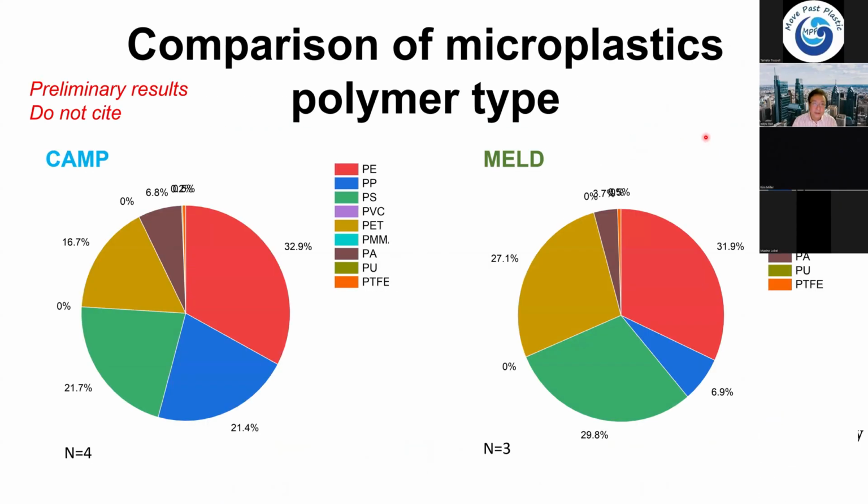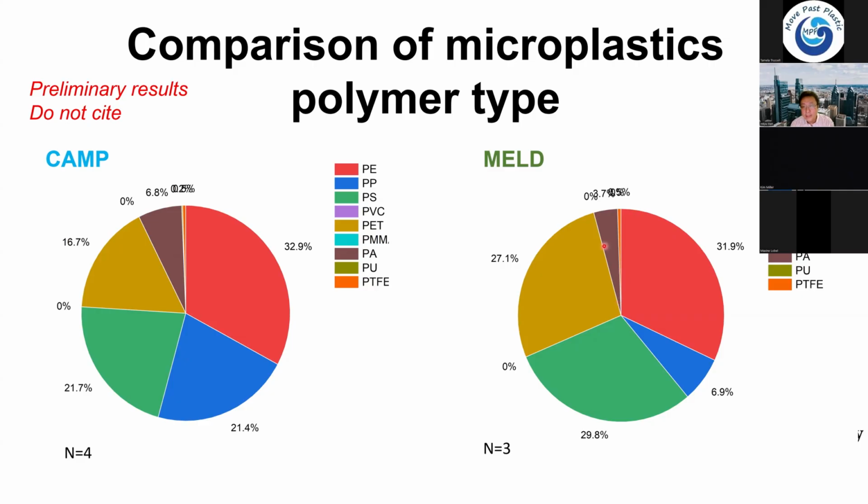Okay, so what about the microplastics polymer type? As you see on the left side, this is the result of our campus study, and we found that polyethylene, polypropylene, polystyrene, and polyethylene terephthalate make up more than 90%. Of course, in the MELD study, in indoor air, these four polymer types are also the major components. However, there are some differences in the proportions.